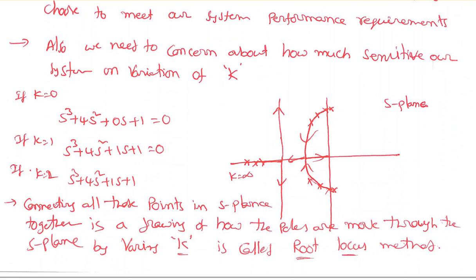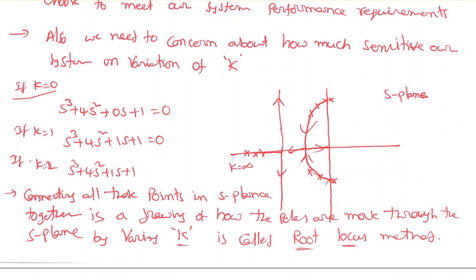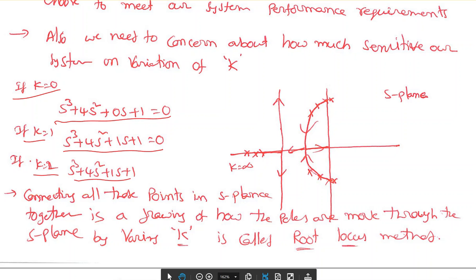If you look at this graph, if I take k equal to 0, this is the equation. If k equal to 1, this is the equation. K equal to 2, that's the equation. Based on these equations, this cubic equation, we can find how the system behaves by changing the k value.